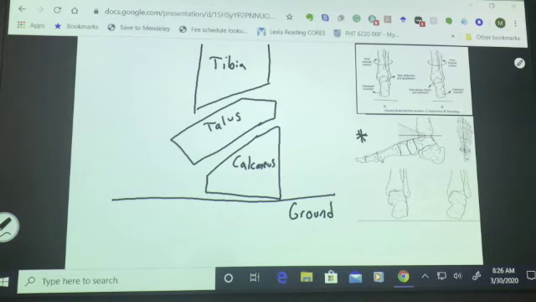What happens is that I strike my heel on the ground, and the ground obviously pushes up, body weight pushes down, and now what I have here is a plantar flexion moment.